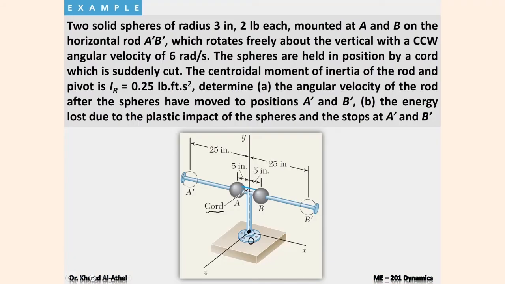It was rotating counterclockwise. So I'm looking at this as a top view. We're going to call it S for the spheres, and we have M_R for the rod. So I'm going to call it M_S.